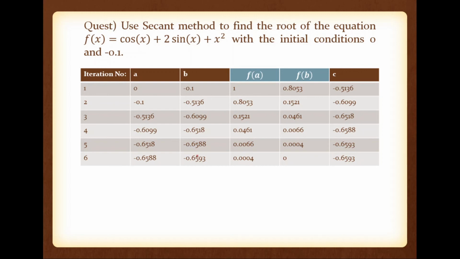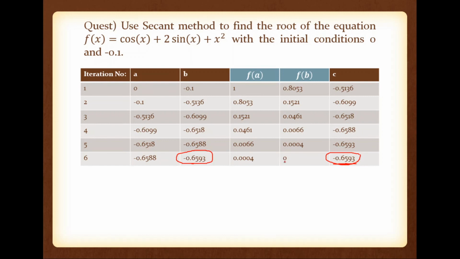Now corresponding to B, f of B is, as a rounded value, 0. Okay, this is rounded to 0. So the new C value is minus 0.6593. Means as this is 0, definitely there is no need to find this value because f of B is rounded to 0. So we can say this one is a numerical root. Or if you are finding the new C, it will be the same thing.